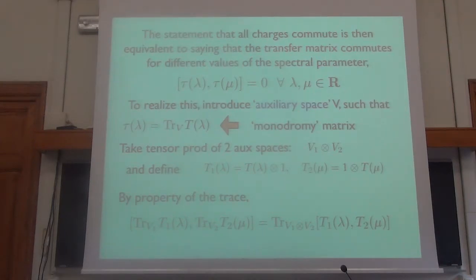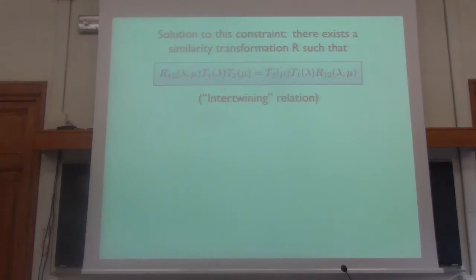Now, what is the most generic solution you would like to have here? It's that T1, T2 is related to T2, T1 by some transformation, some invertible map. So what you have is essentially such a relationship here. There's an intertwining relationship relating T1, T2 to T2, T1.